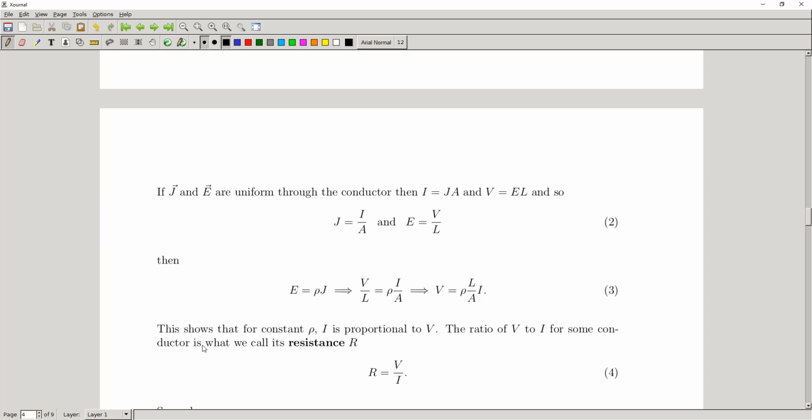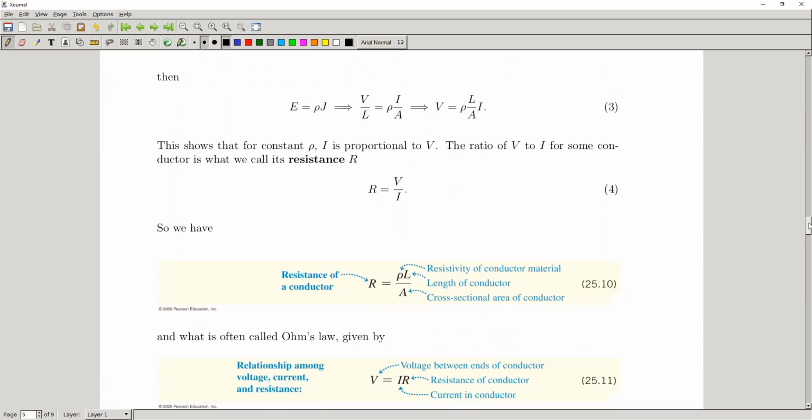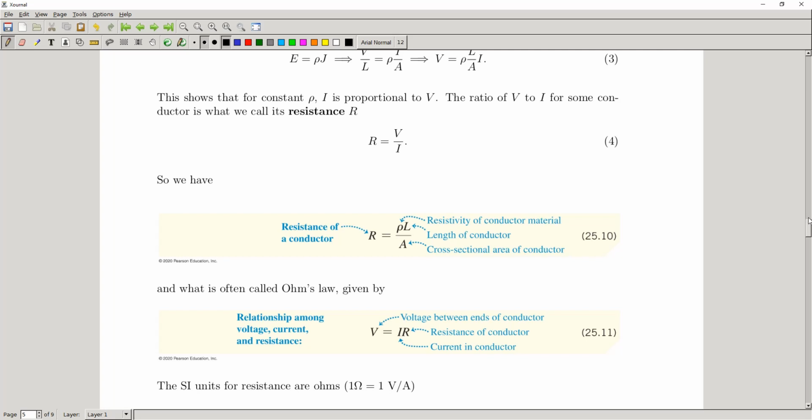We call this constant of proportionality R, our resistance, and it leads to these two equations. Here we're simply taking this last form of equation 3, moving I over here, and relabeling rho L over A as R. Our resistance of our conductor can be written as the resistivity of the conducting material times the length of the conductor divided by the cross-sectional area of that conductor.